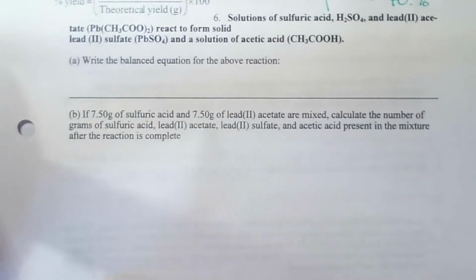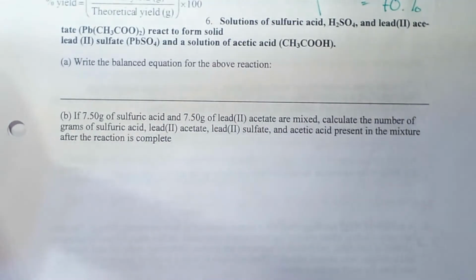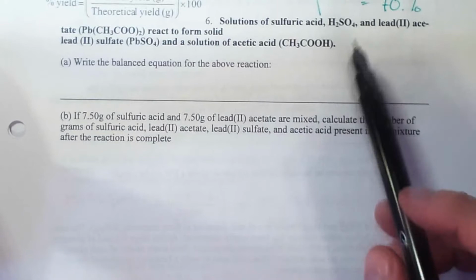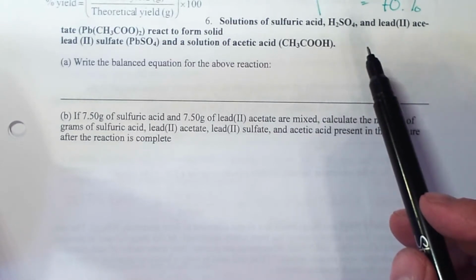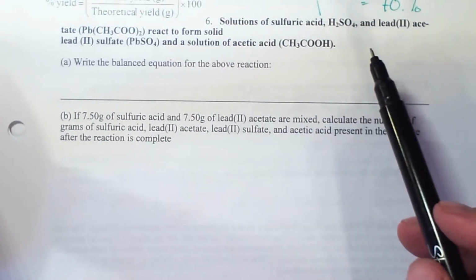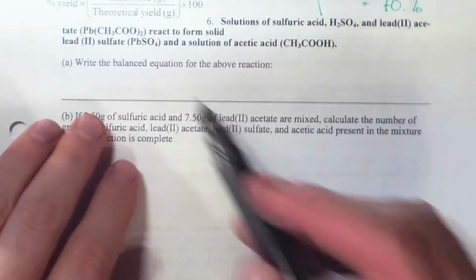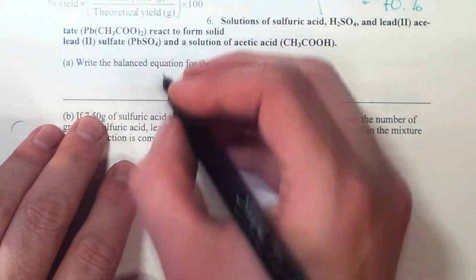So let's move to our next question, which is, formatting on the handout is a little bit weird, but solutions of sulfuric acid and lead acetate react to form solid lead 2 sulfate in a solution of acetic acid. So write the balanced equation.